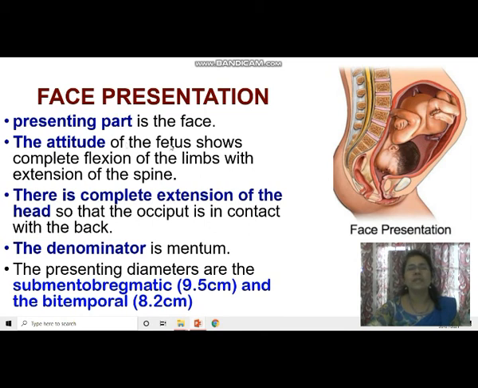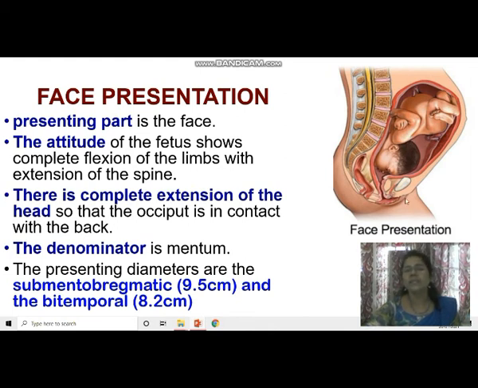There is complete extension of the head, so that the occiput is in contact with the fetal back. So that is the attitude.